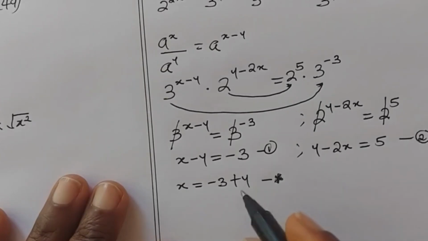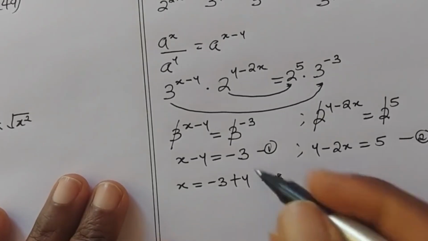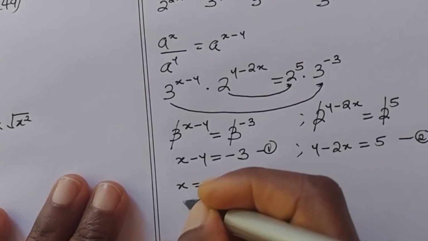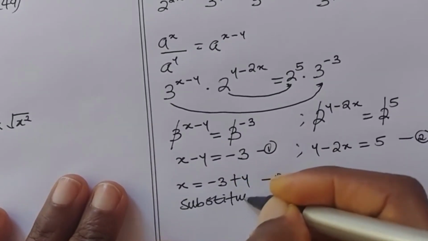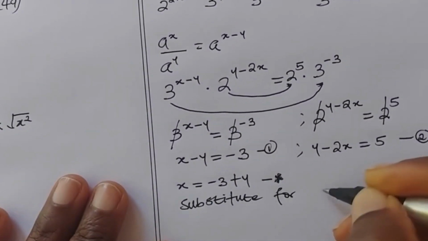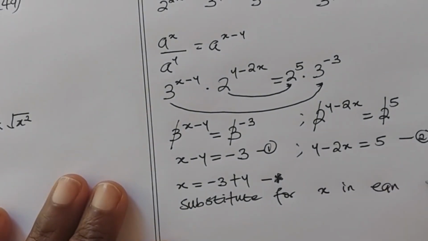So anywhere I see x, I can put it as minus 3 plus y. So I can do the same thing: substitute for x in equation 2.